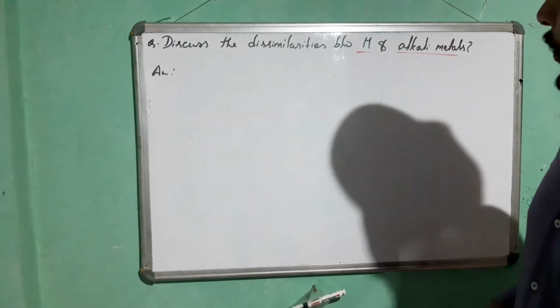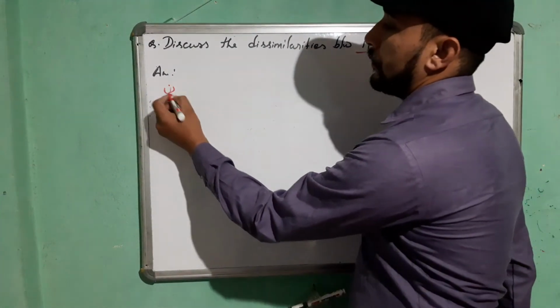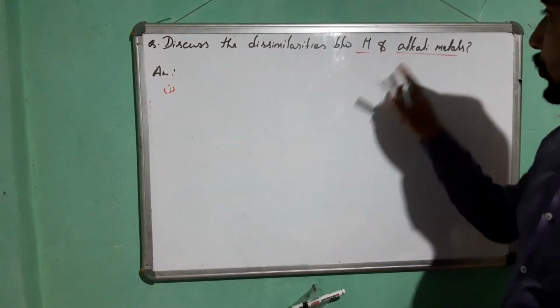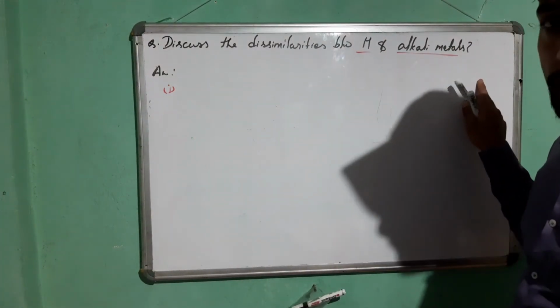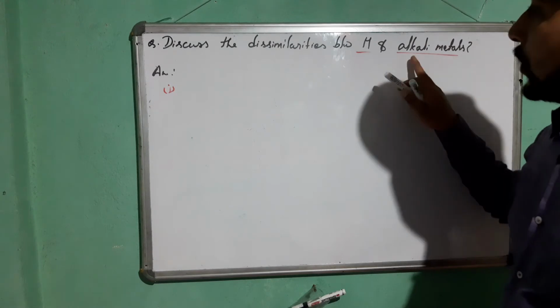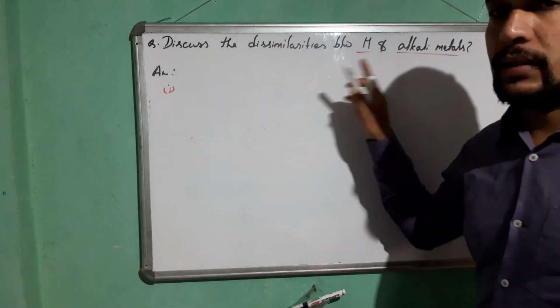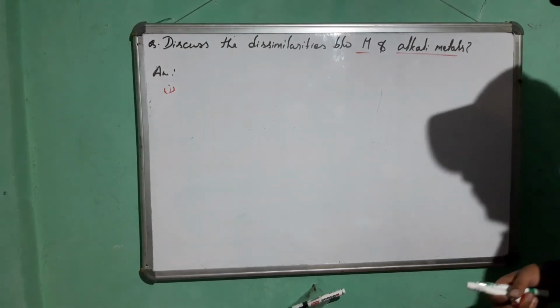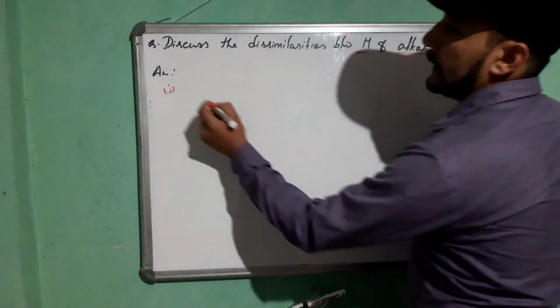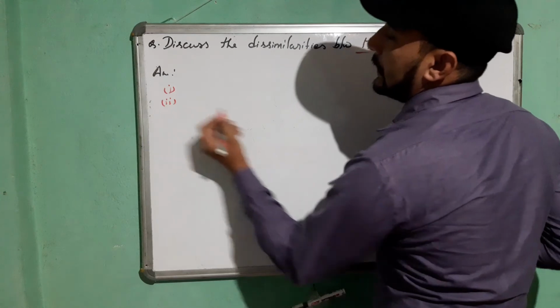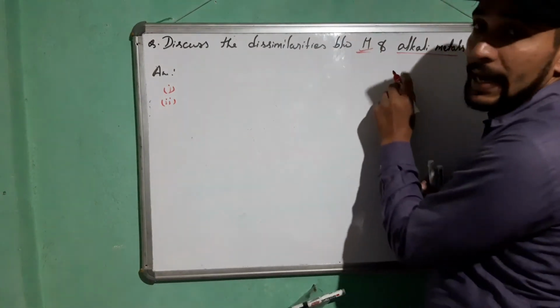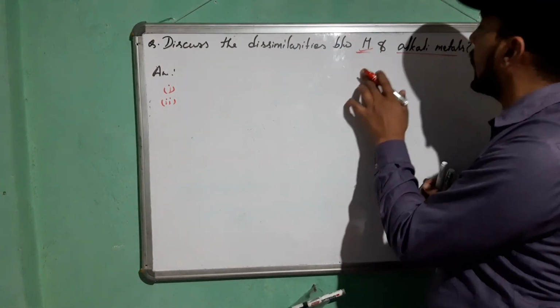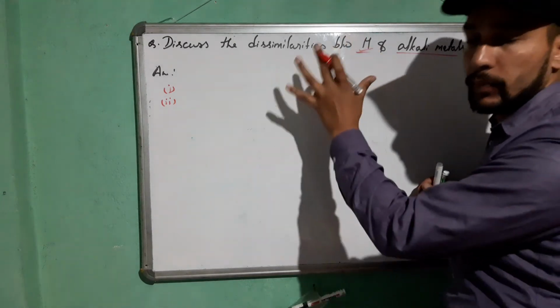Point number 1, you can write alkali metals, they are solid metals. Hydrogen is a gaseous non-metal. That is the first point. Number two, hydrogen is a diatomic molecule, and alkali metals are monoatomic molecules.